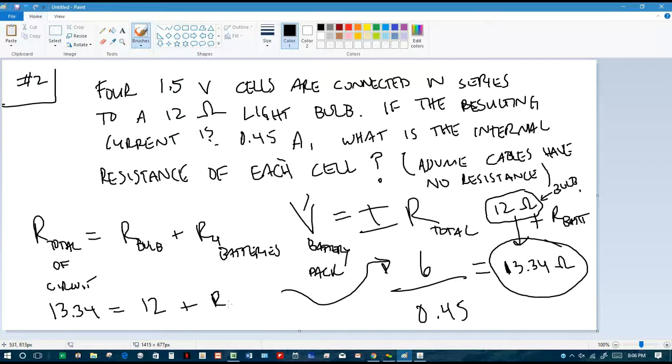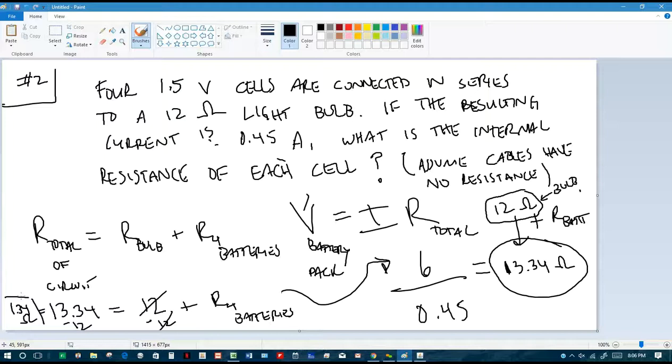So for our unknown resistance of the 4 batteries, we would just subtract 12 from both sides. As you told me, 13.34 minus 12 is 1.34 ohms, and that's the total amount of resistance for 4 batteries.